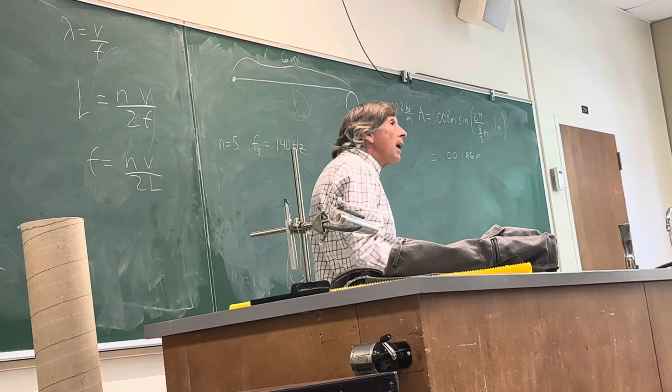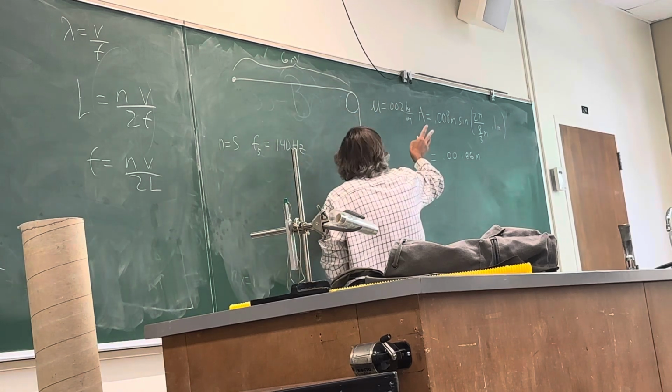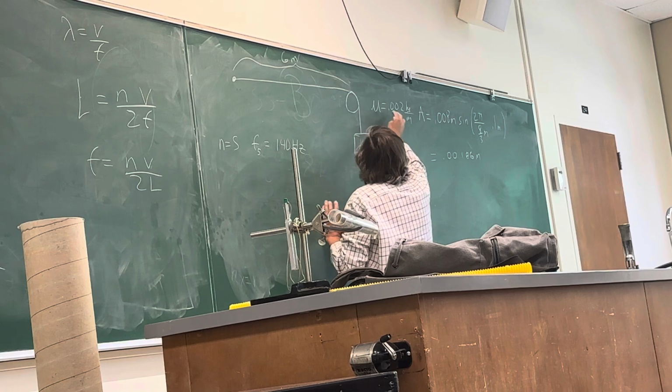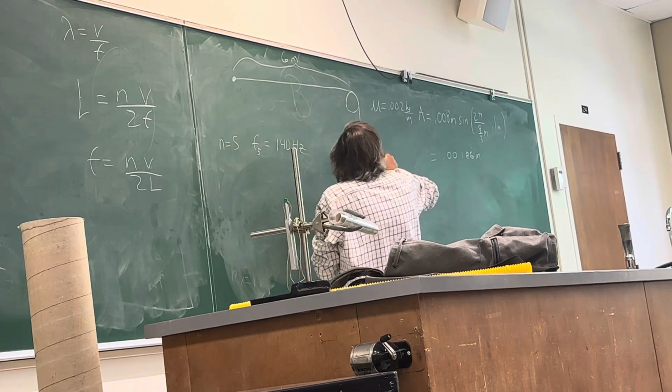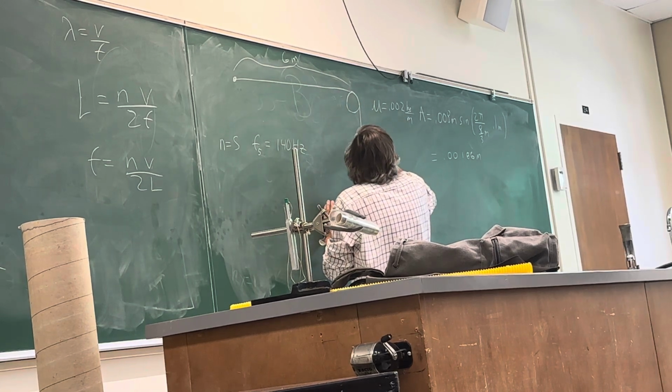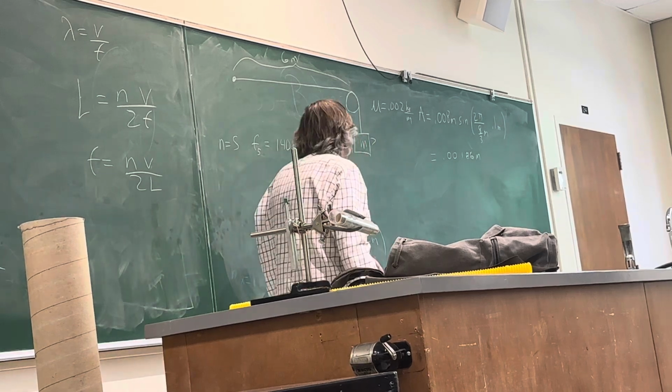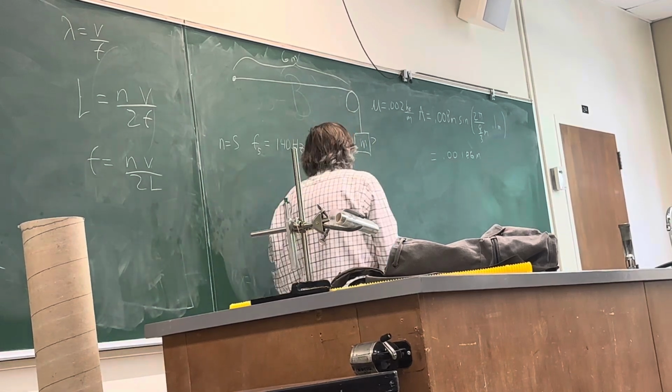I'm going to pretend, and it does work well, that the linear density of the string is so little that effectively all the tension is due to that mass right there. What is M?